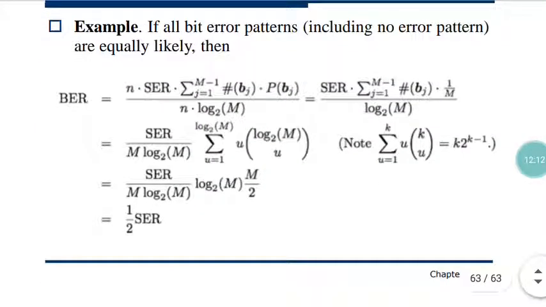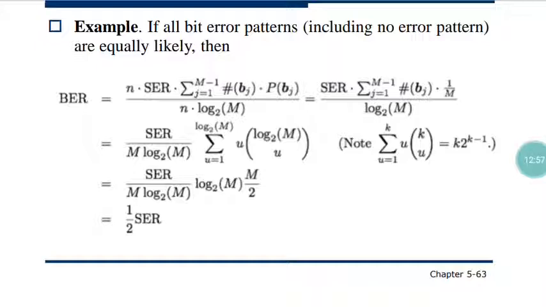So finally the relation between BER and SER, if all bit error patterns are equally likely, is half SER. BER basically falls in the range of SER to SER divided by log2 M. This equally likely case I have already discussed in my chapter on random processes, probability and random variables, probably in lecture 4. So BER has come to a special form of SER, that is half, when the error bit patterns are equally likely.